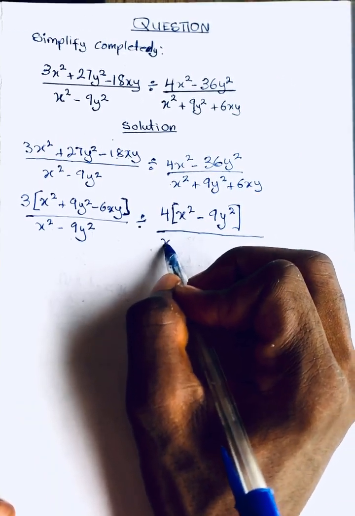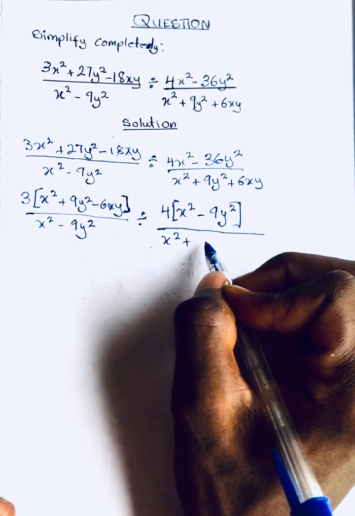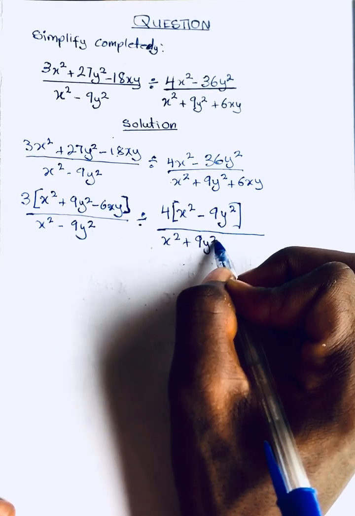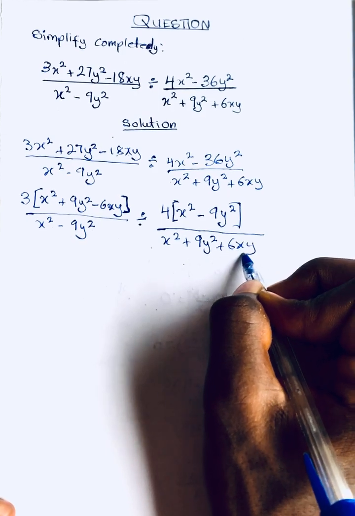So we have x squared plus 9y squared plus 6xy.